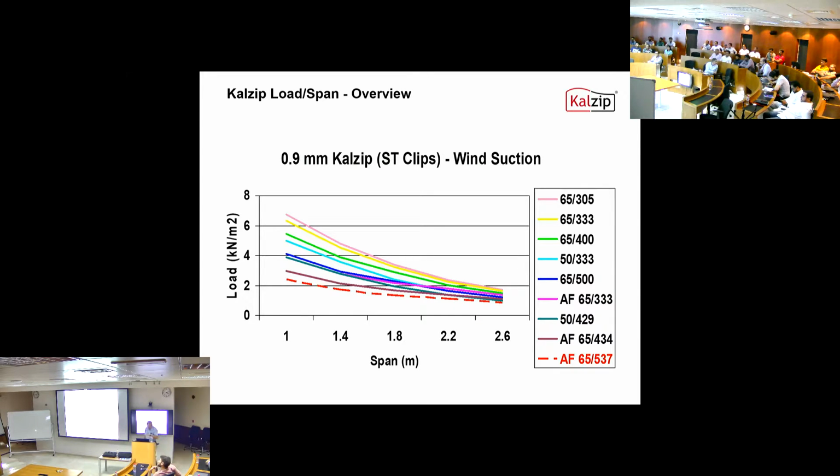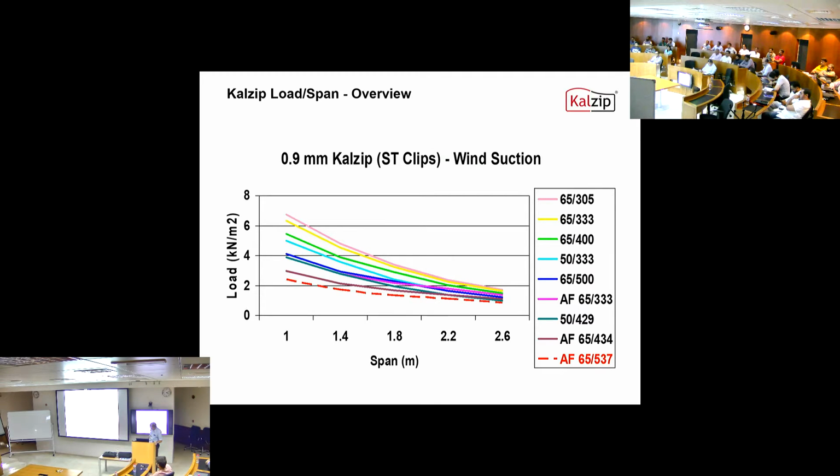And this is just a quick summarisation of the CalZip profile sheets. This is the 0.9 CalZip on aluminium clips. You can see the strongest sheet is the 65305. Here you've got capacity of about 6 kilonewtons.